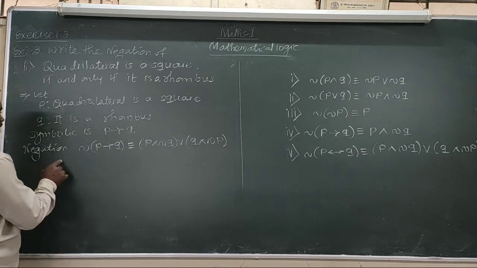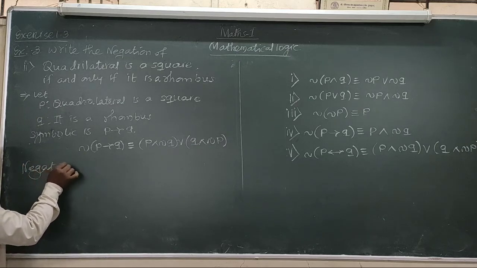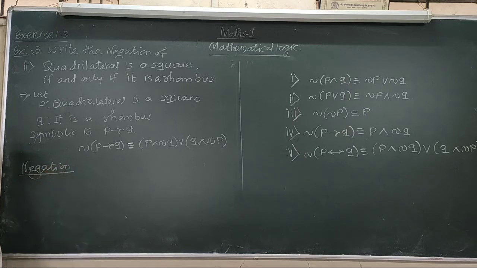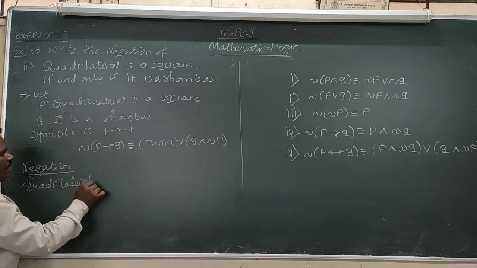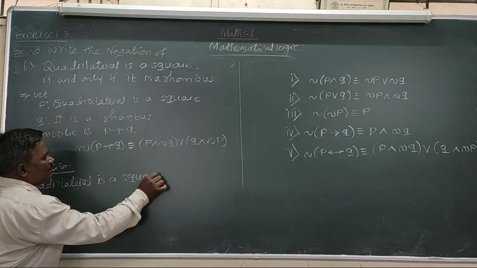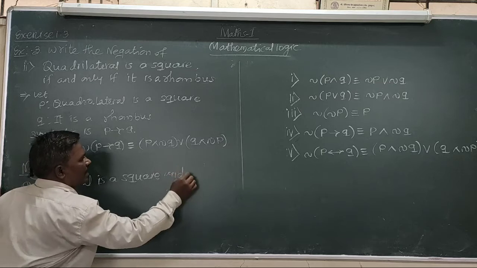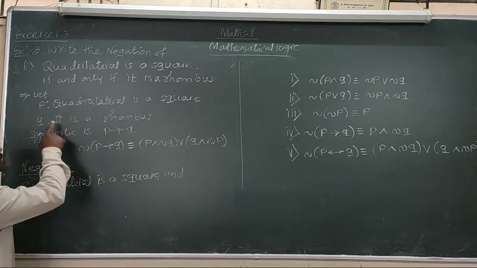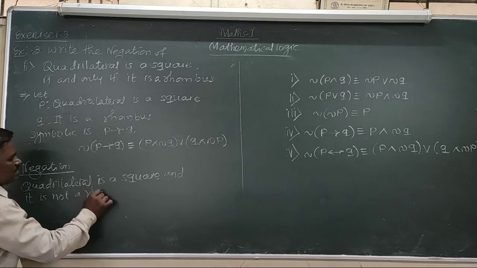Its negation is: P, that is, quadrilateral is a square, conjunction, that is and, negation of Q. Q is it is a rhombus, and negation of Q is it is not a rhombus.